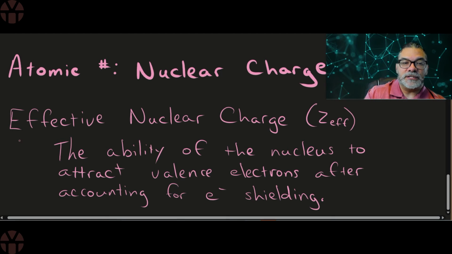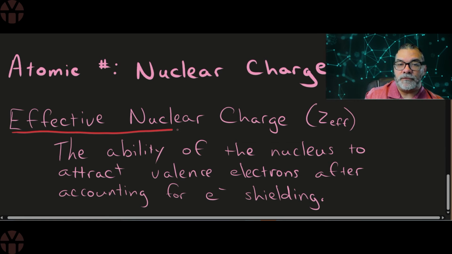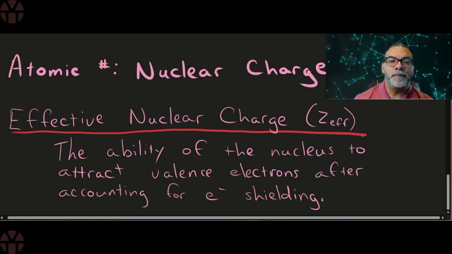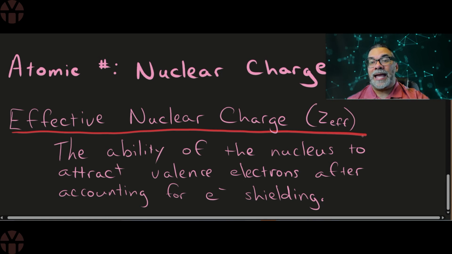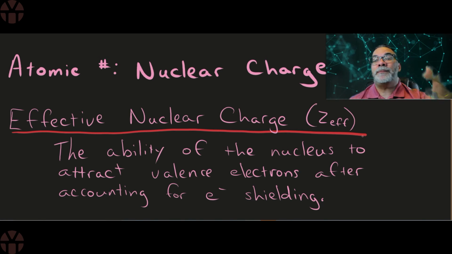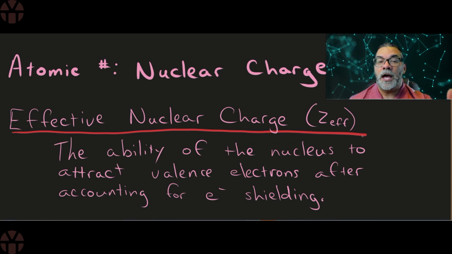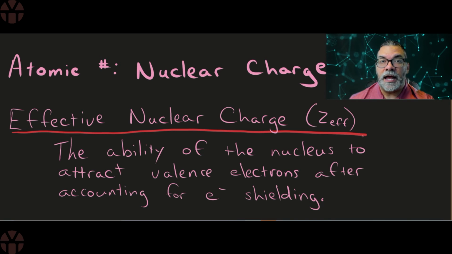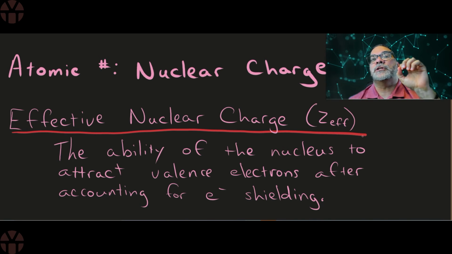This is the big distinction: the effective nuclear charge, or Z effective, takes into account not only the nuclear charge, in other words how many protons the nucleus has, but also the shielding that the core electrons do.